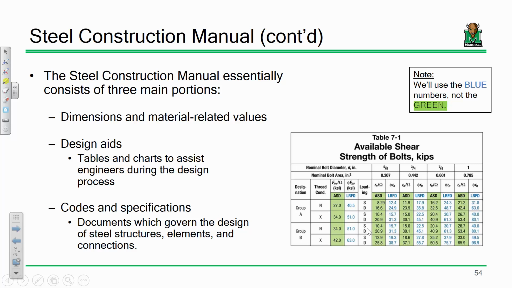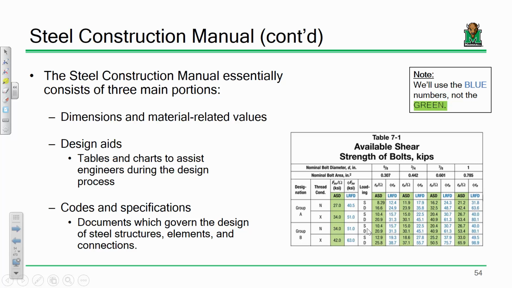The other is allowable strength design, where you just use like a factor of safety of 3, or 2.5, or what have you. The steel industry has, in their publication, sort of combined the two into a single document, and the way that they delineate that is the green numbers are for ASD and the blue numbers are for LRFD. It's not like the behavior changes or even the nominal capacities change, it's just your factors, okay?